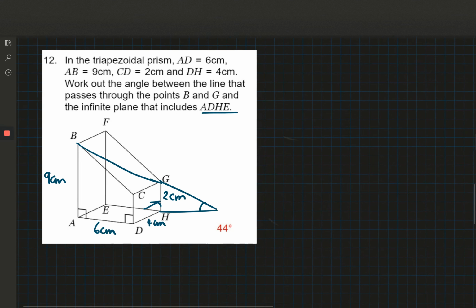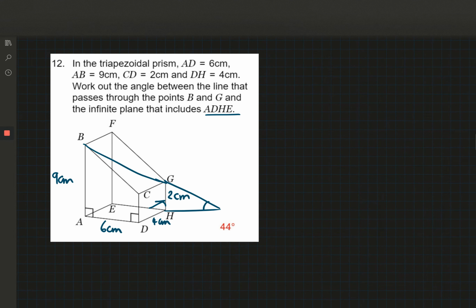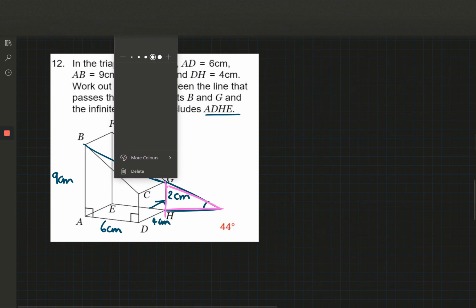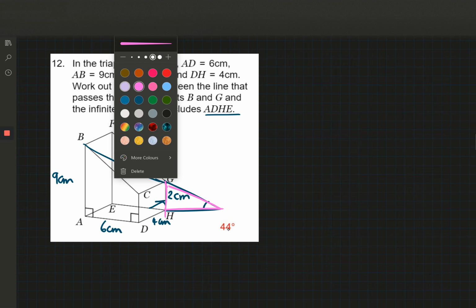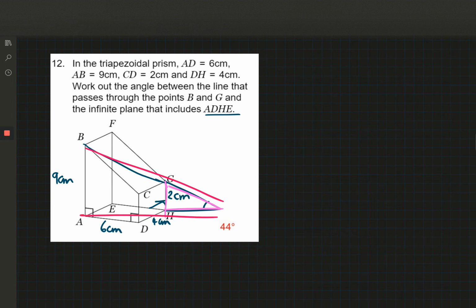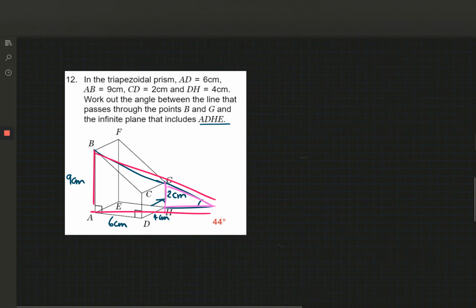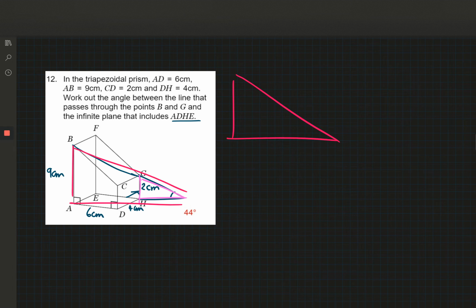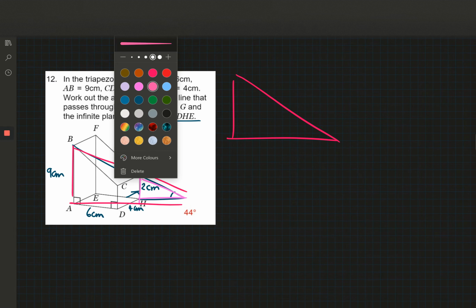So you can see now that I've shown you the similar shapes, we actually have a triangle here, and then we have another triangle here. So what can we work out from this? Well, let's sketch these out. We've got the big triangle, and we've got the smaller triangle.